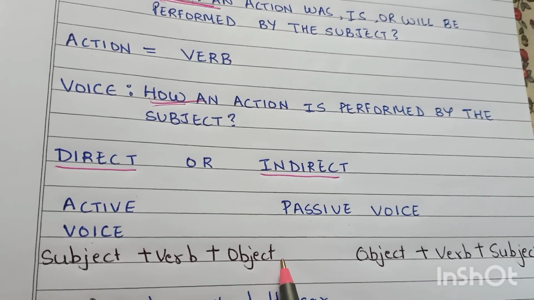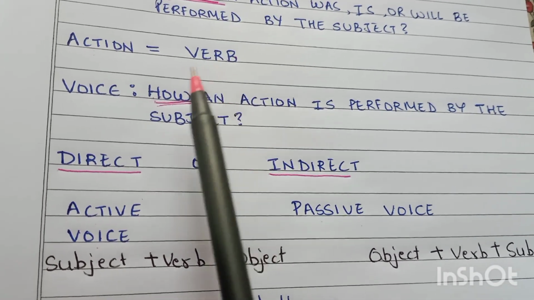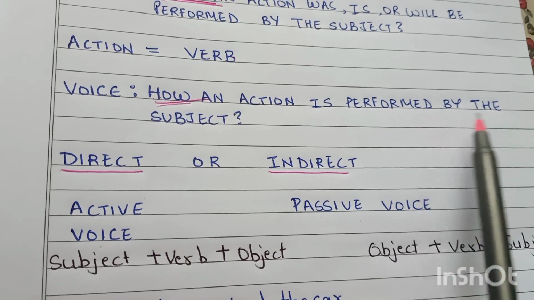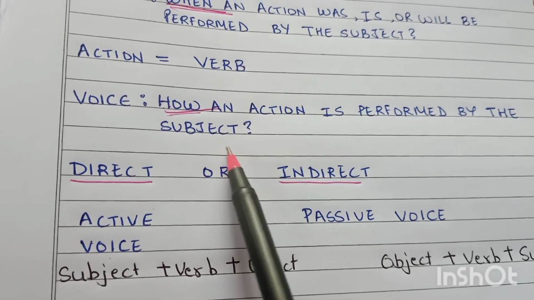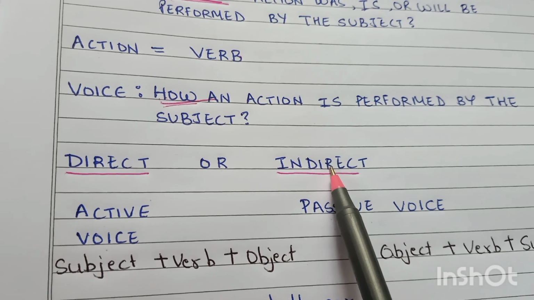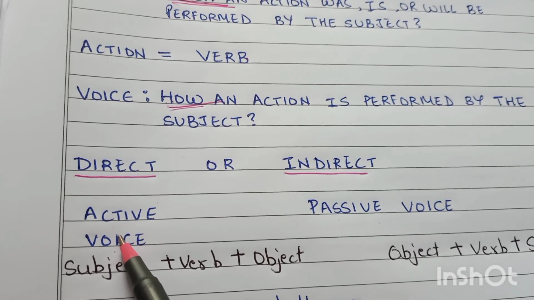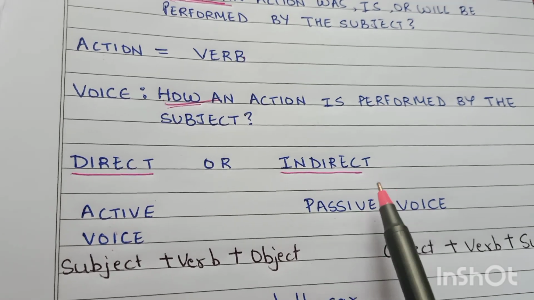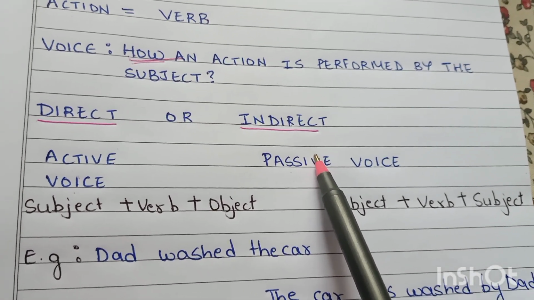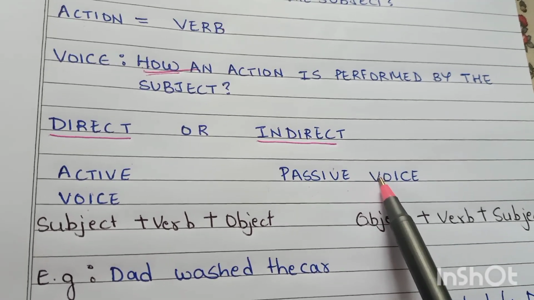Okay, now I'm repeating again, voice is how an action is performed by the subject, directly or indirectly. Okay, when the action is performed directly, it is active voice, and when in the sentence it is shown that the action is performed indirectly by the subject, then it becomes passive voice.